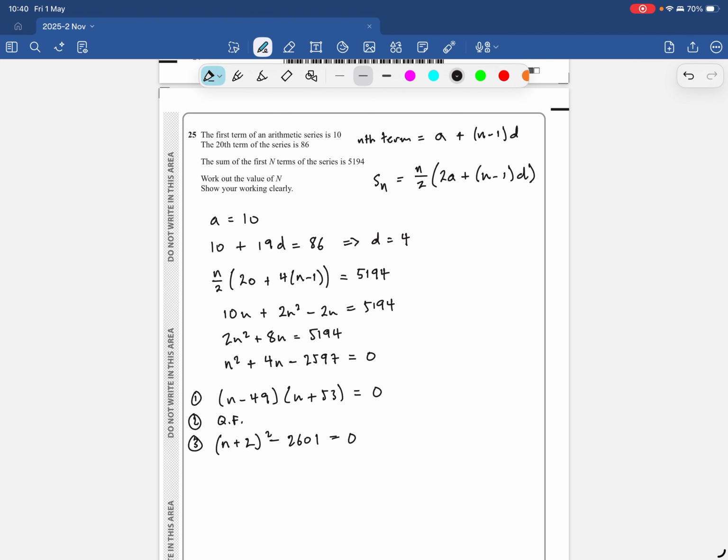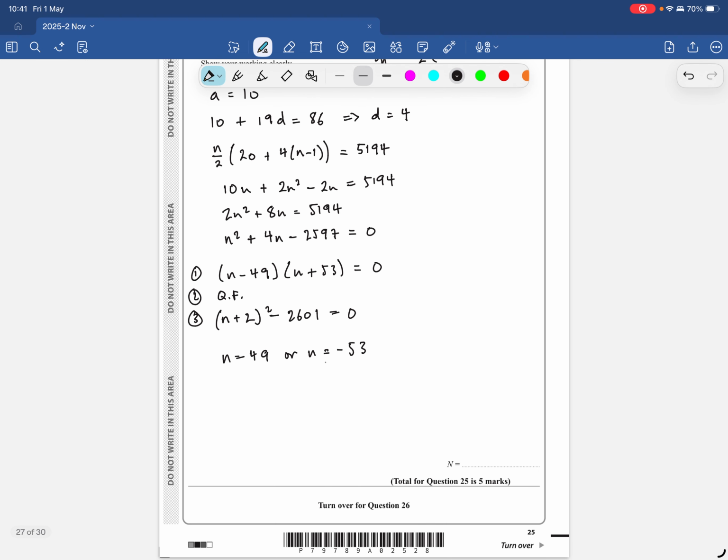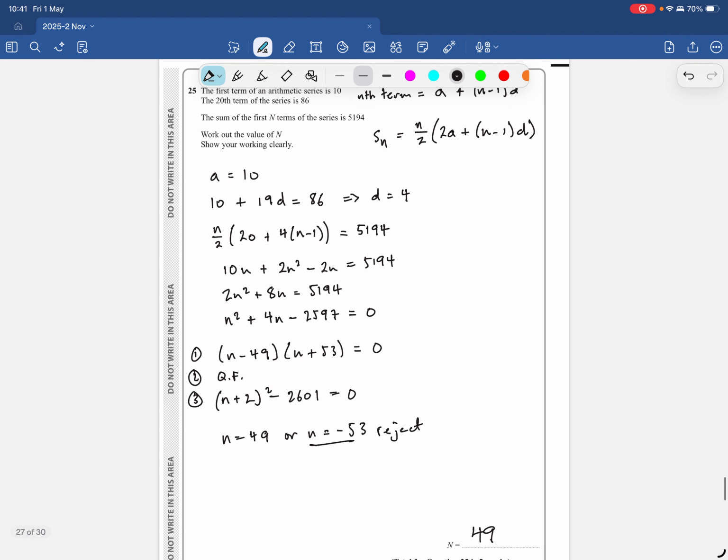One of those things you've got to do, or you will miss a method mark. And it's only then that you can jump to the solution n equals 49 or n equals minus 53, and then you can reject this one and state n equals 49 at this point.